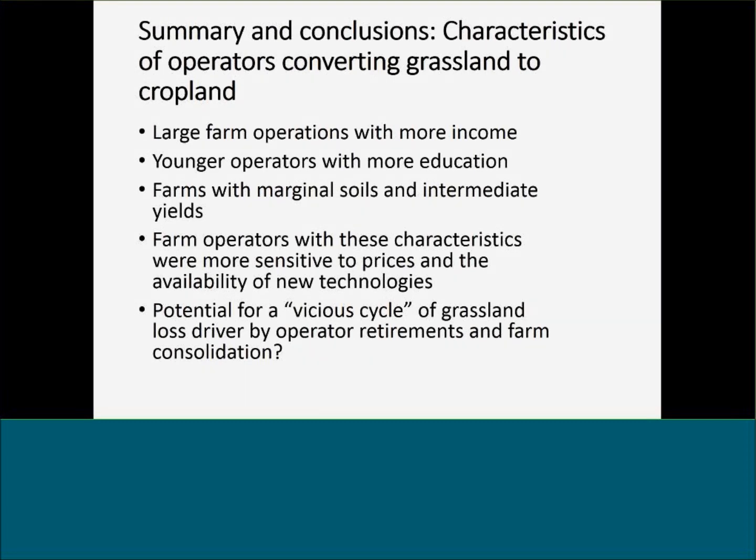A concern here is whether, given what we're seeing, there's potential for a vicious cycle of grassland loss driven by operator retirements and farm consolidation. We will inevitably over time see older operators retiring and new, younger operators coming in. As families change, different things may be happening.